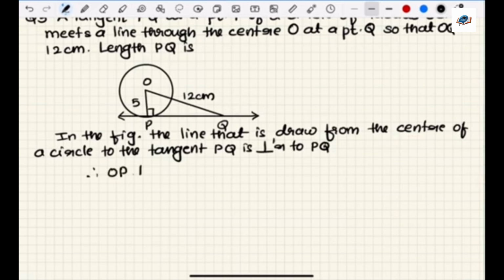So, therefore, I can say OP is perpendicular to PQ.